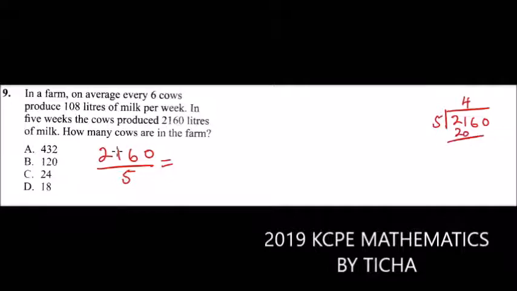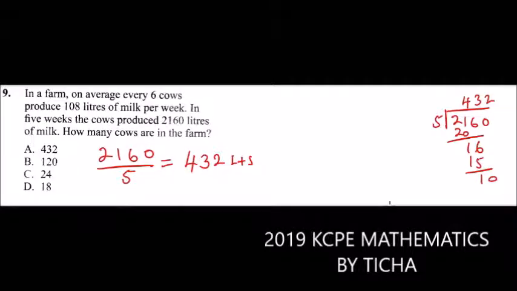So you get this is 4. You get 20. Drop 1. You have 16. Then this is 3. This will give you 15. Then you minus. You get 1. Drop 0. You get 2. So this means that in a week, the cows were producing 432 liters. Now, a set of 6 cows were producing 108 liters.